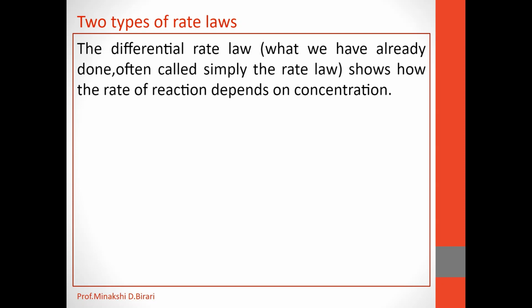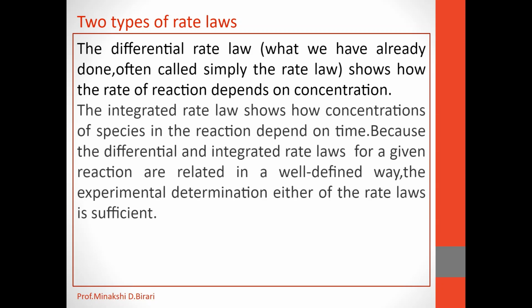Before starting this, we know that there are two types of rate laws. These are differential rate law and integrated rate law. The differential rate law, which we have already done, is often called simply the rate law. It shows how the rate of reaction depends on concentration, whereas the integrated rate law shows how concentrations of species in the reaction depend on time.